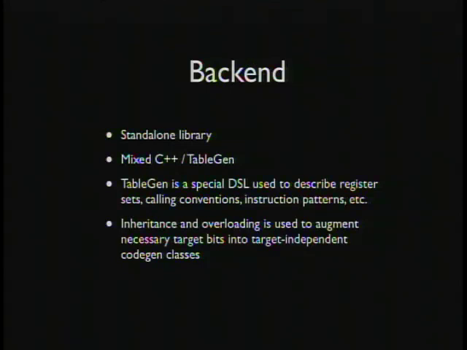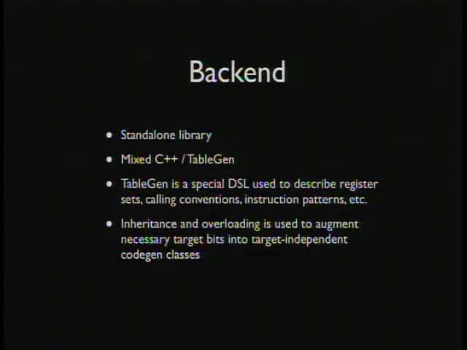For example, register sets, register classes, allocation order, calling conventions, instruction patterns to select instructions out of selection DAGs, subtarget features, and many, many other things. Then this description in the TableGen language is pushed to a special tool which emits plain C++, and then we have just a C++ library.